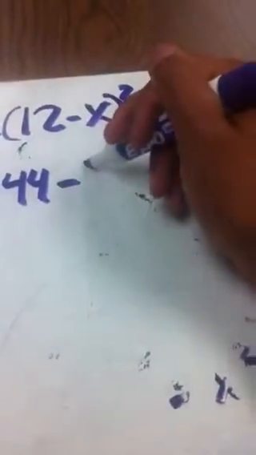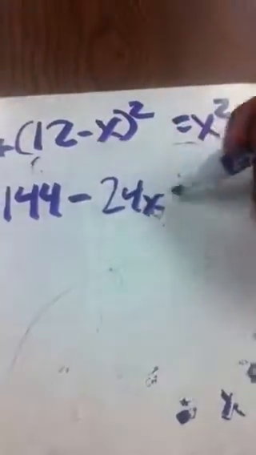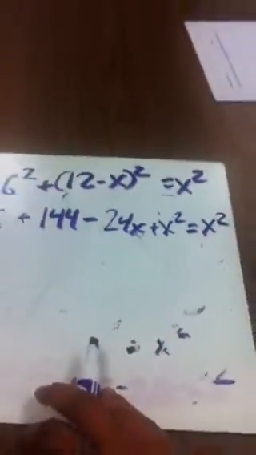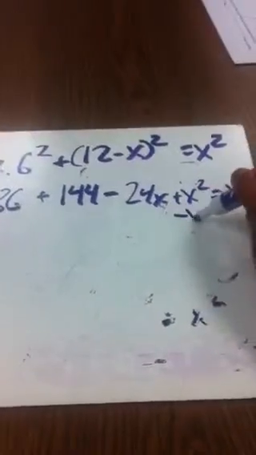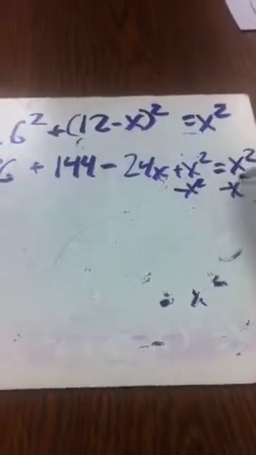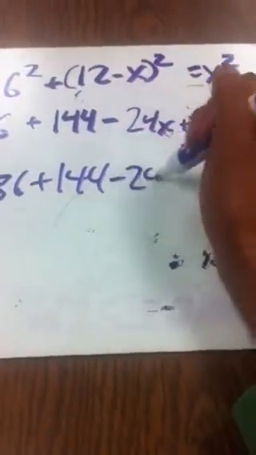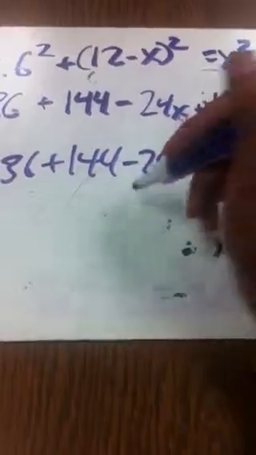We'll get 144 minus 24x plus x squared equals x squared. Subtract x squared from each side. Those cancel out. So we have 36 plus 144 minus 24x equals 0.